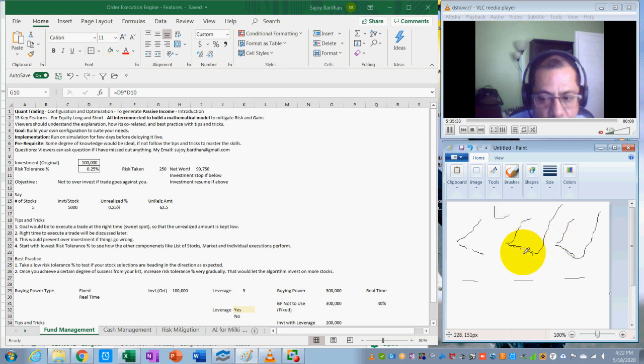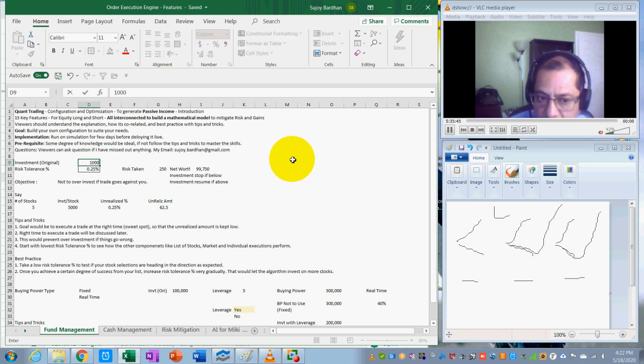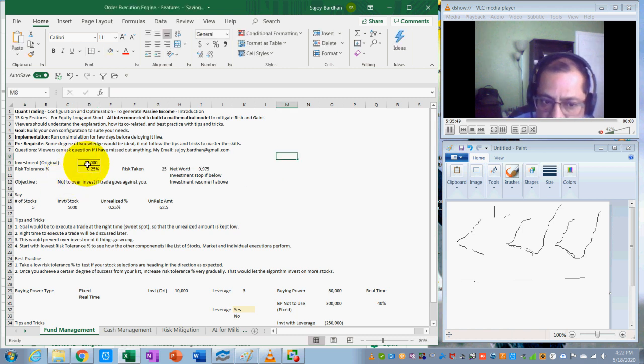As it takes a turn, obviously, I'll give you an example here now. Say you have invested, let's start from a very small amount, $10,000. And you're saying that I'll have a tolerance of 0.25%, meaning you're taking a risk of only $25.